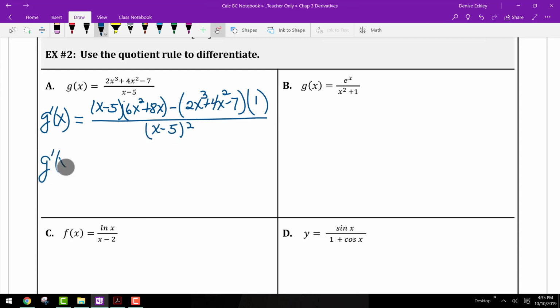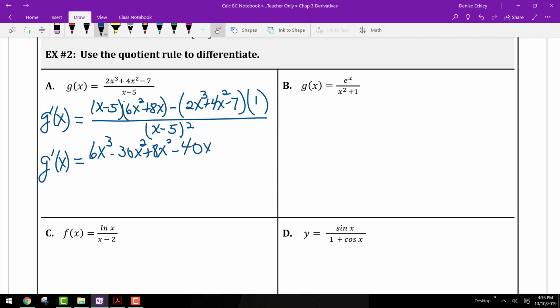So g prime of x, multiplying this out and simplifying it, we get 6x to the third minus 30x squared plus 8x squared minus 40x.